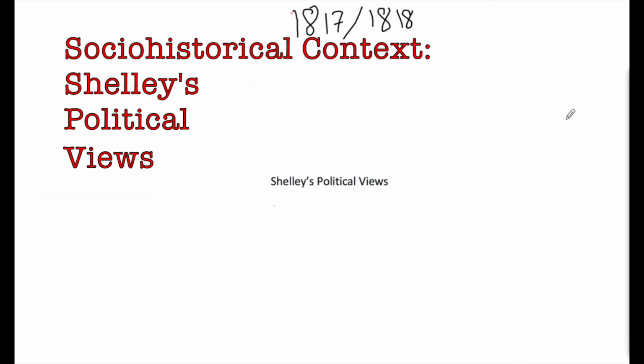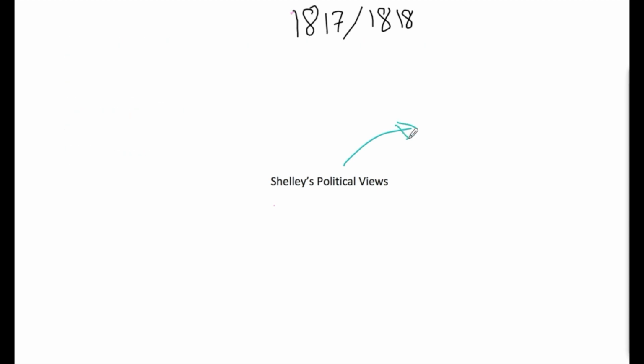So some of Shelley's political views. Number one, and I've pointed this out before, but Shelley believed in equality, and in a little bit more detail, what he really believed in was reform. So he believed in something called socialism.